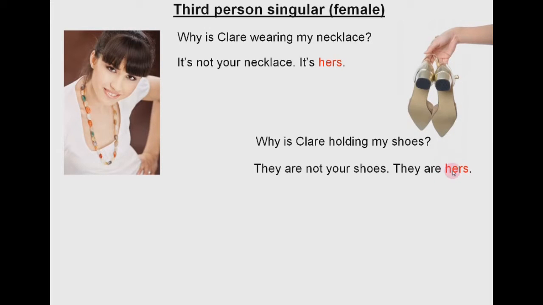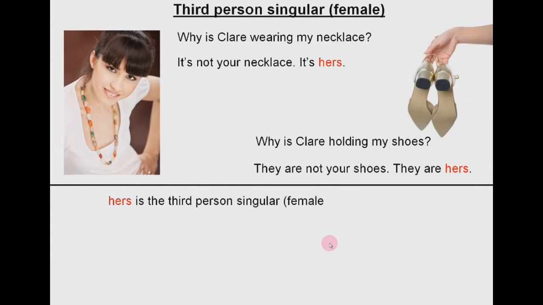So it's the same for singular and plural. Of course, the only thing that changes is the verb. Here it is singular: it is hers. And here the verb be is plural: they are hers. But the possessive pronoun is the same.